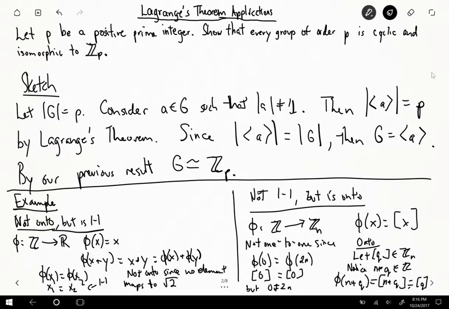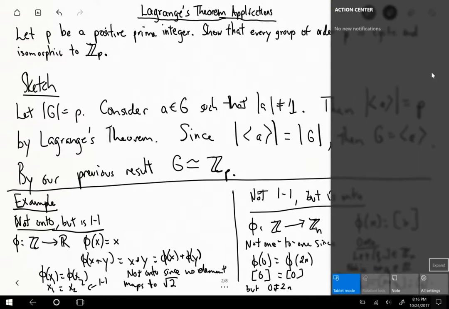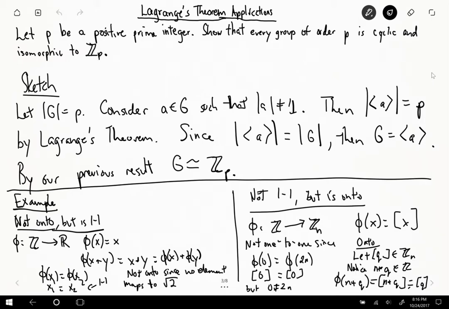And you can do maps that are always neither one-to-one nor onto. The easy map there: whatever two groups you have, map everything in the group on the left to the identity. That will always be neither one-to-one nor onto as long as you have another element besides the identity. So there's a way to see that kind of example. And that will always be a homomorphism, by the way, too.